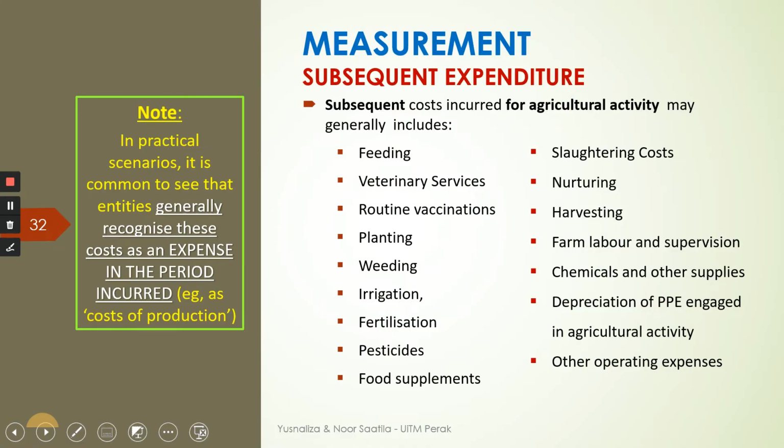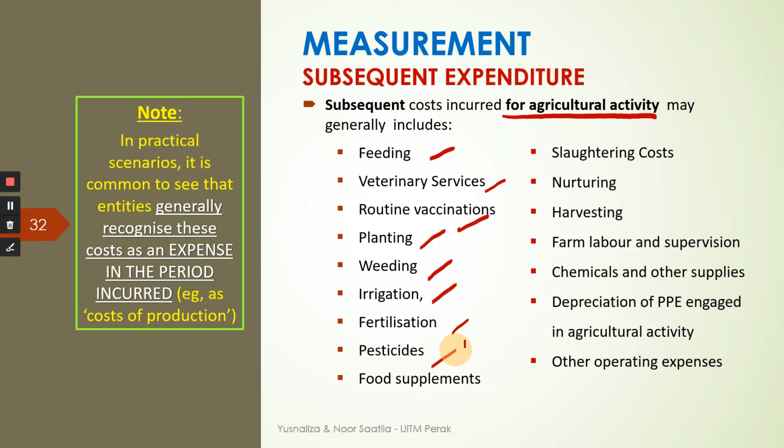These are some examples of subsequent costs that are normally incurred for agricultural activity under the management of a company. Feeding costs, maybe feeding costs for the cow, the veterinary services, right? Vaccine for the animal, planting, weeding, irrigation, fertilization, pesticide, providing food supplement maybe for the animals that you are breeding, right?